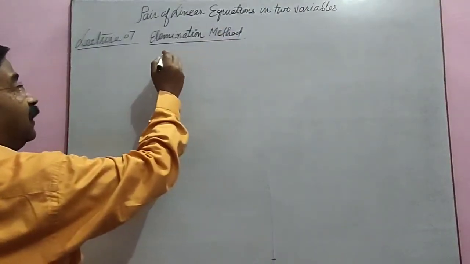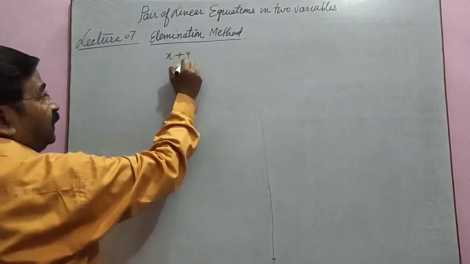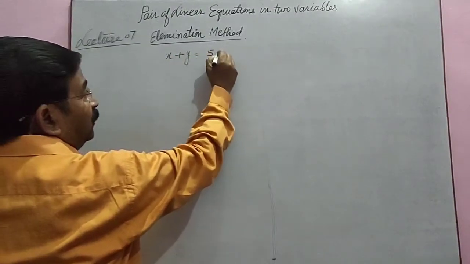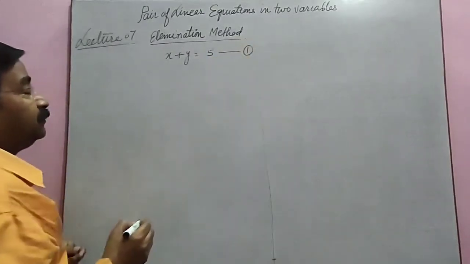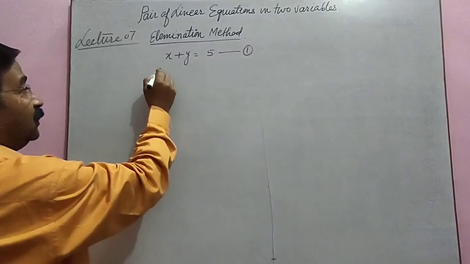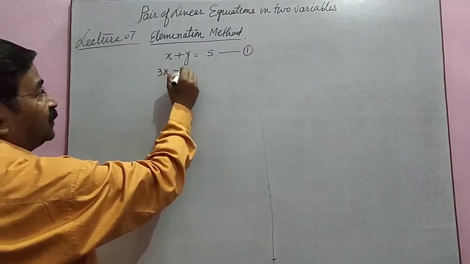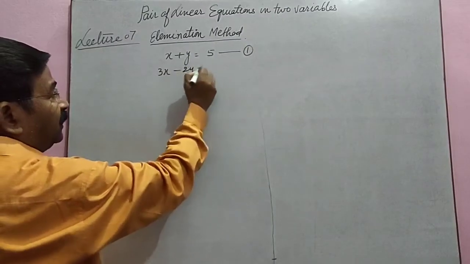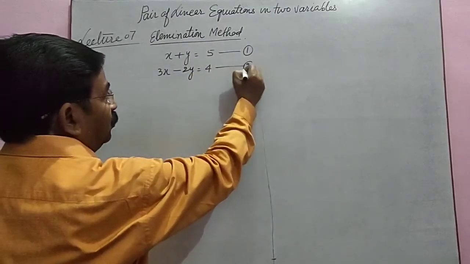Suppose we are given the equation x plus y is equal to 5, equation number 1, and 3x minus 2y is equal to 4, equation number 2.